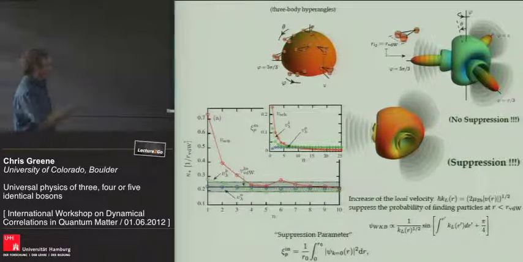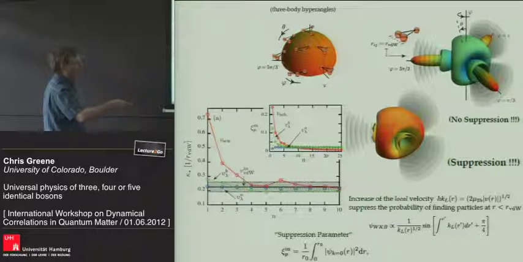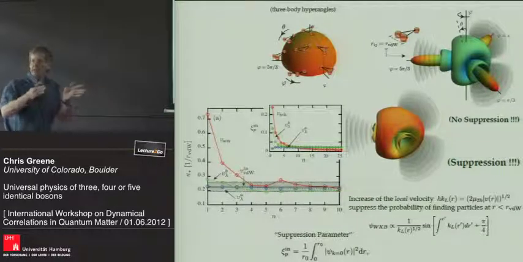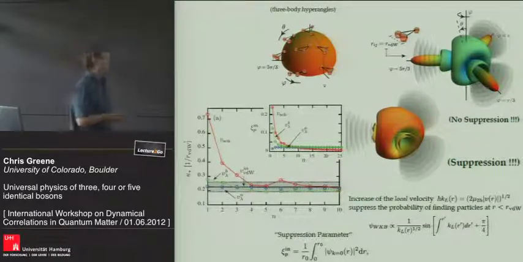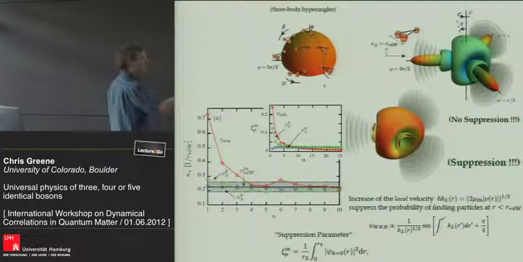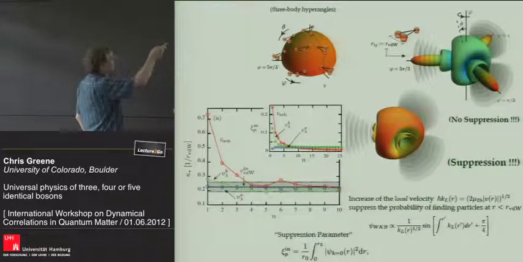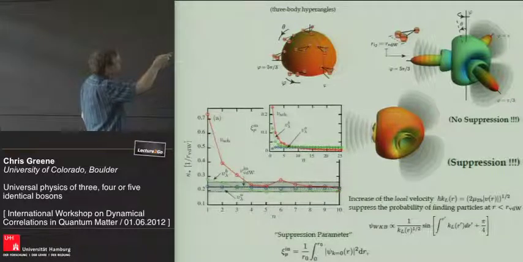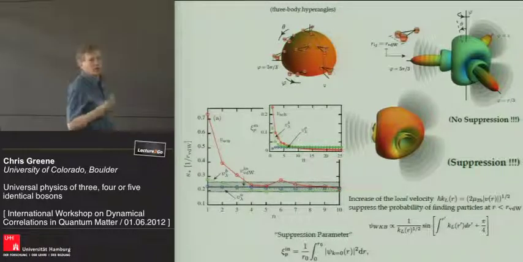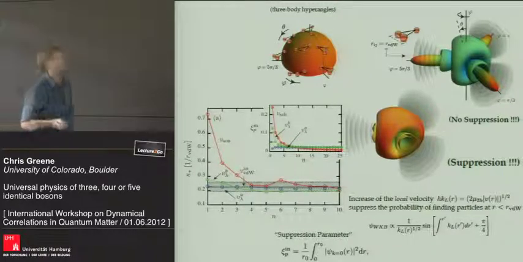We've also quantified that in terms of a suppression parameter, which is integrating the two-body wave function at zero energy at small distances. That shows this qualitative difference between the Sech-squared potential with few bound states and these blue and green curves, which are different hard wall or soft wall van der Waals potentials.